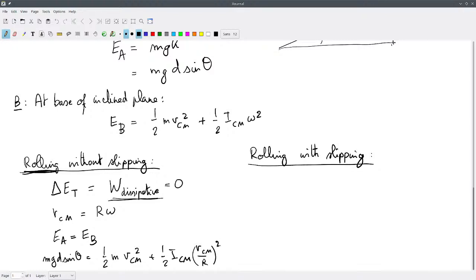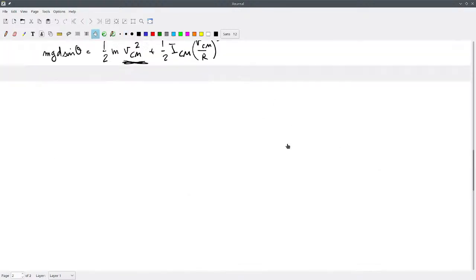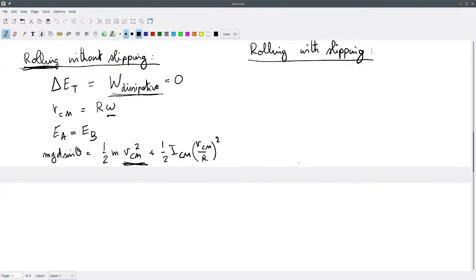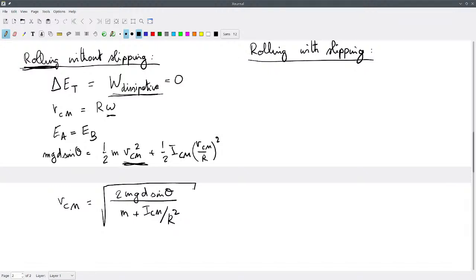And you can see that we can solve for the velocity. We could have done this differently, and solved for omega from this equation. But we can write an expression for the velocity, and unfortunately it doesn't fit on this page. But we can write v_CM will be the square root of 2 mgd sine theta divided by m plus I_CM over R squared. Something like this, right?